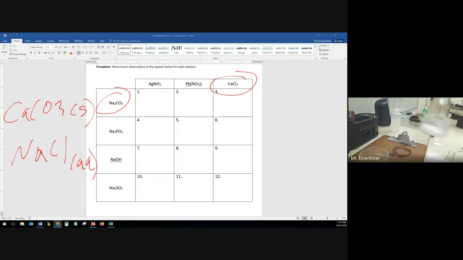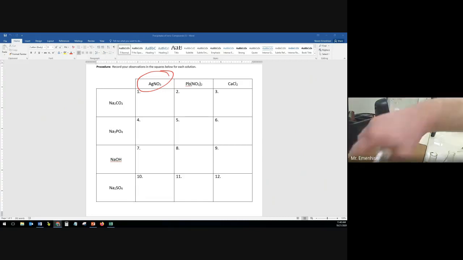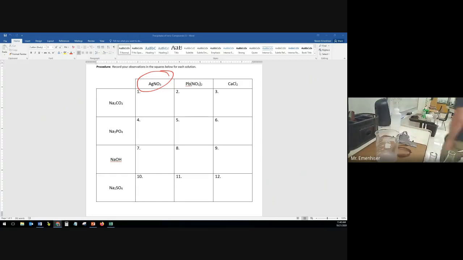Okay. Number 4. Number 4 is going to be silver nitrate, which I have right here. Notice kind of the dark color. And sodium phosphate.